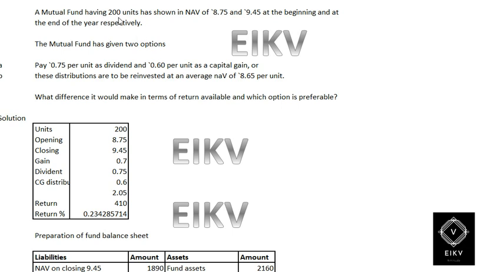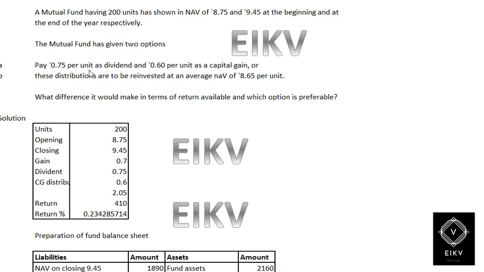In this illustration, a mutual fund having 200 units has shown an NAV of 8.75 and 9.45 at the beginning and end of the year respectively. The mutual fund has given two options.